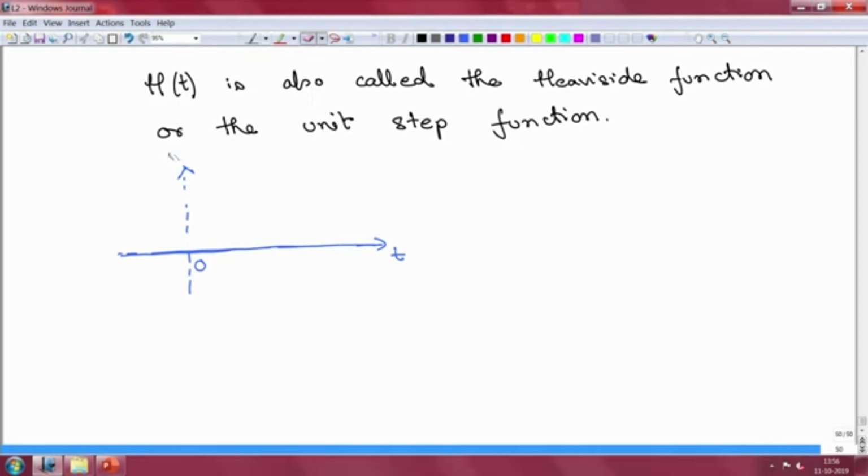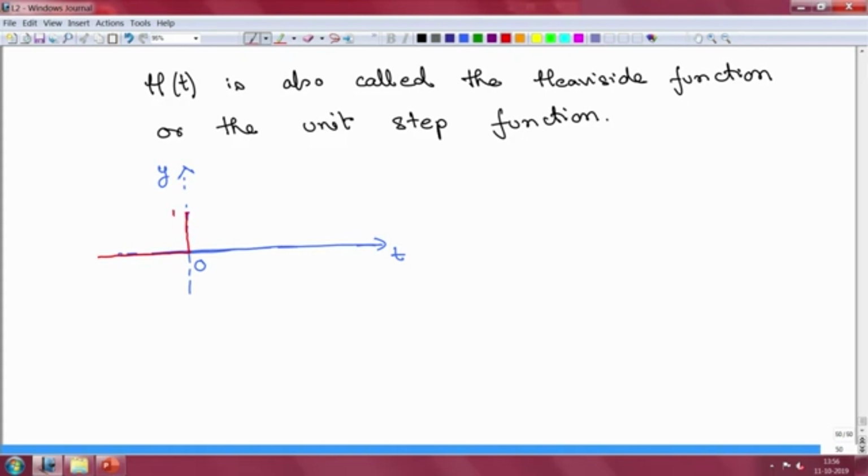So here, if a is equal to 0, then this function will be 0 till it reaches t equal to 0, and at t equal to 0 this function will suddenly jump to a value of 1.